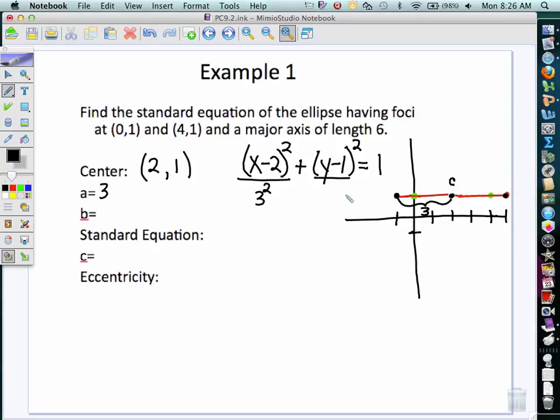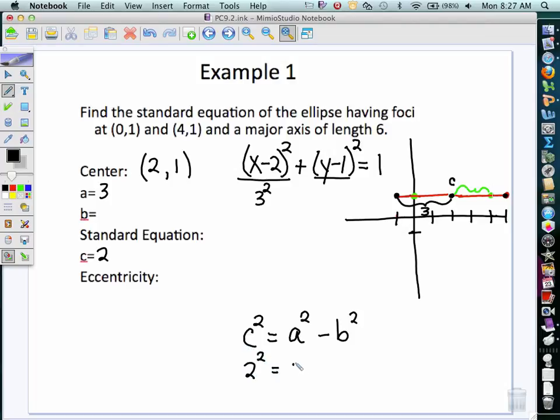Our c value, again, was how many units away the focus is from the center. This is our c value. So that's just 2 units, so we know that c is 2. And here's how we find b. Remember, there's an equation: c squared equals a squared minus b squared.